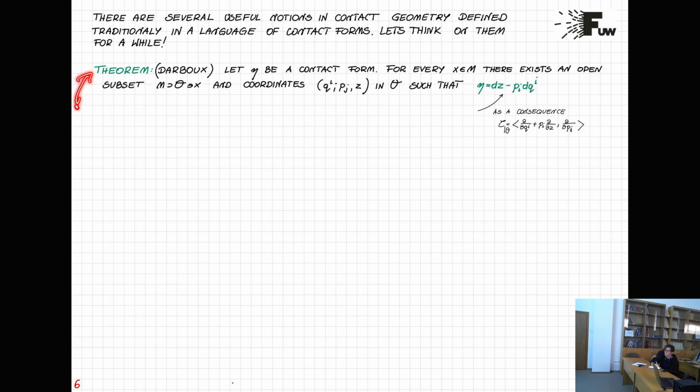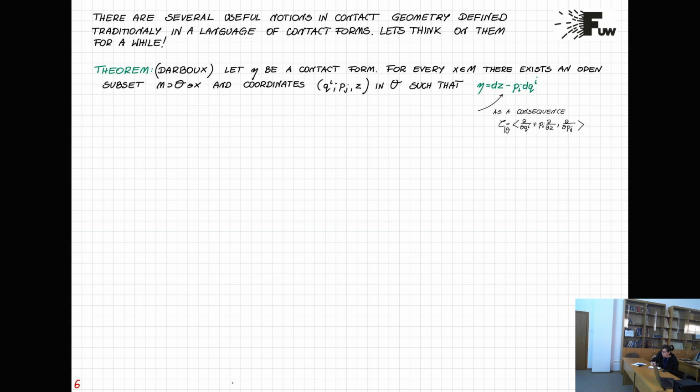Darboux theorem, the original version, says that all symplectic forms look locally the same, that we always can find a coordinate chart such that they look like a symplectic form on a cotangent bundle. And here we have a contact Darboux theorem that says more or less the same.